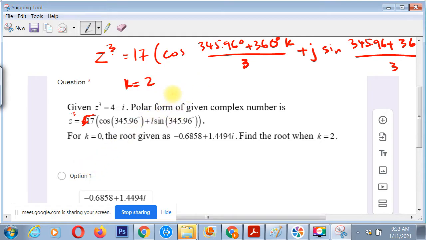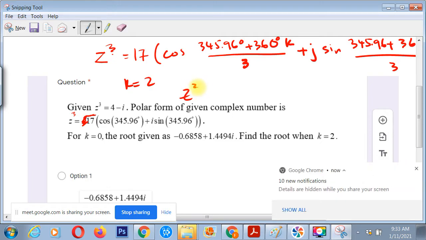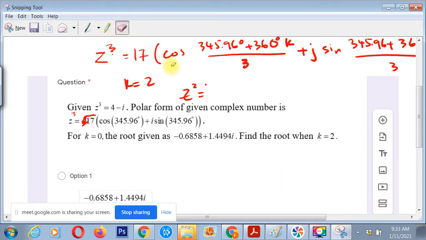So what should we have? You will have z3. Usually we put it like this. Actually this question should be like this. So k equals 2.